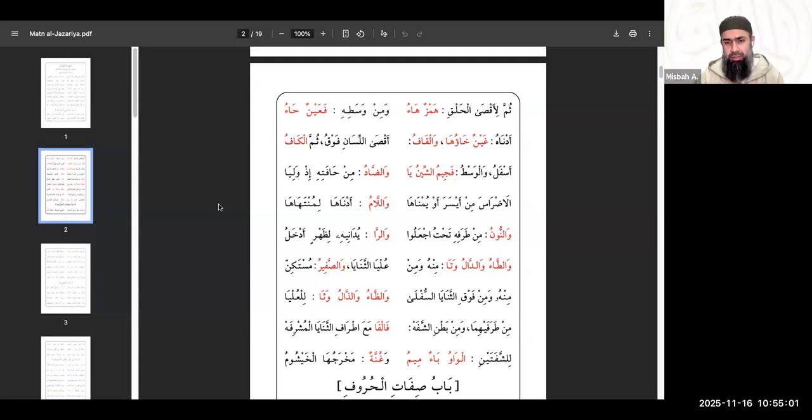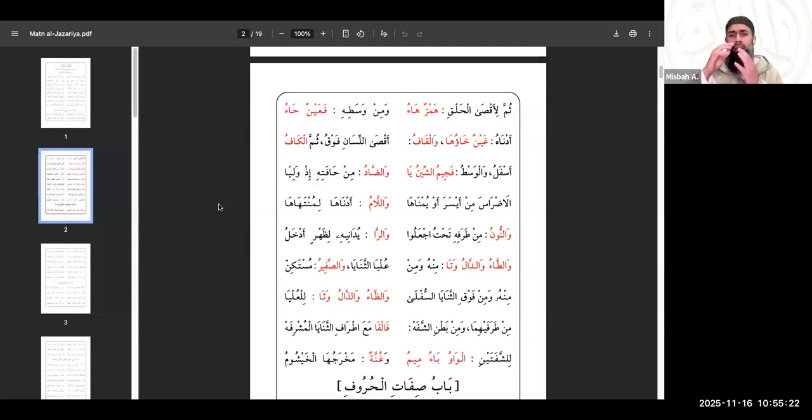Min tarafayhima, طرفيهما. Two طرف. What are the tarafs? The tip of the tongue and the tip of the upper central incisors. Okay?